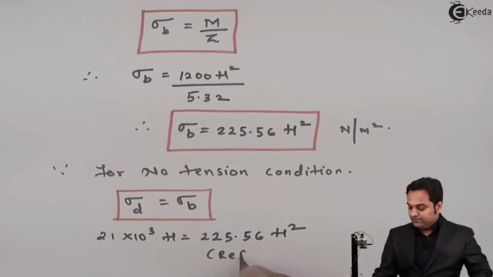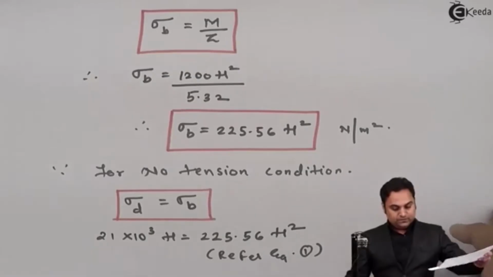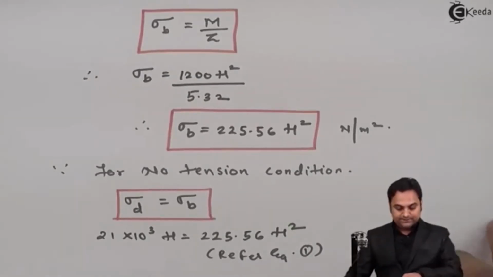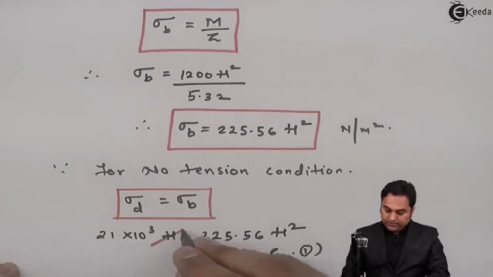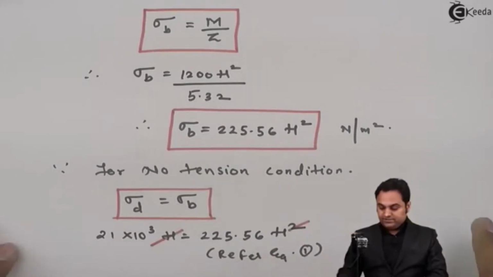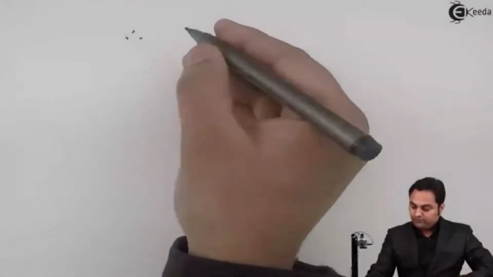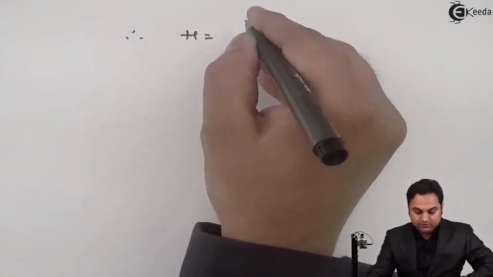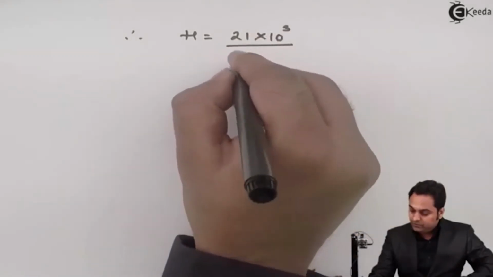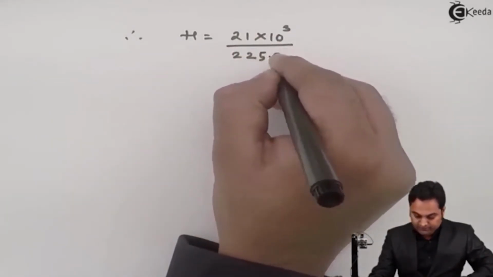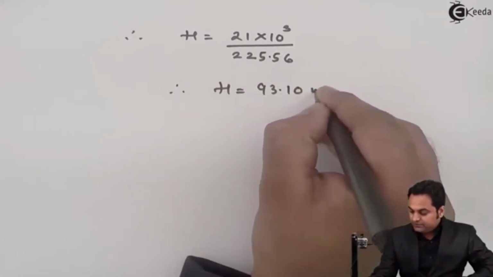I'll say that refer equation 1, there we have direct stress. Now from this, we can see that 1 H and 1 H get cancelled, so only H remains. So finally, capital H is equal to 21 into 10 raised to 3 divided by 225.56, and I'll get my answer as 93.10 meter.